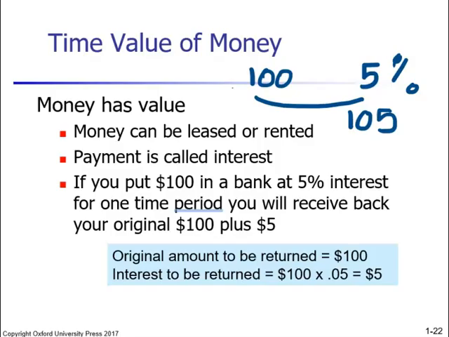And here are the details of the calculation. Interest to be returned: $100 times 0.05. So the original amount of money plus the interest is the total amount that you get.